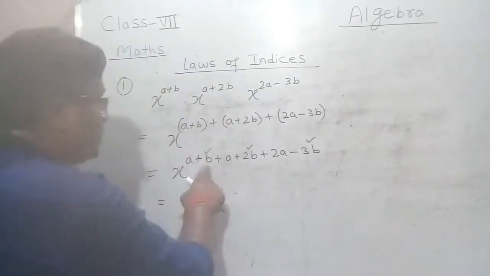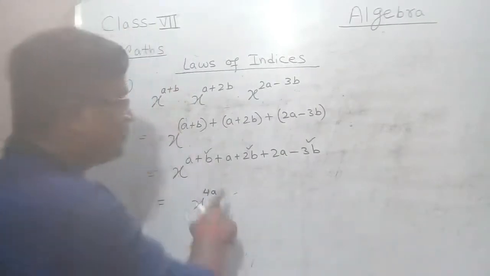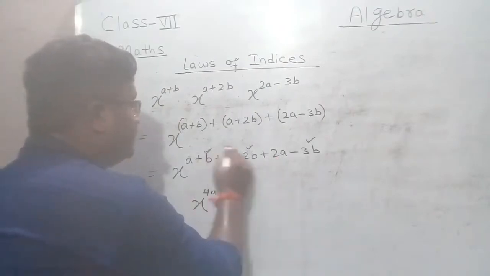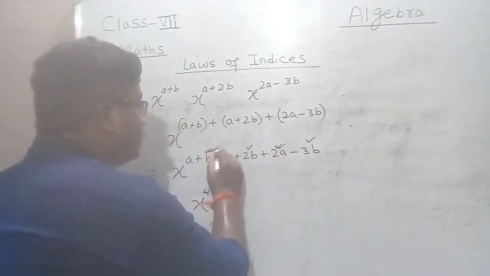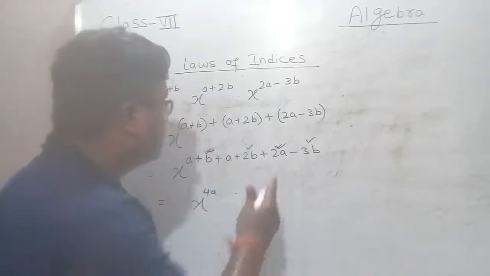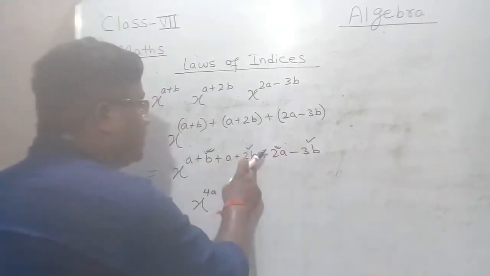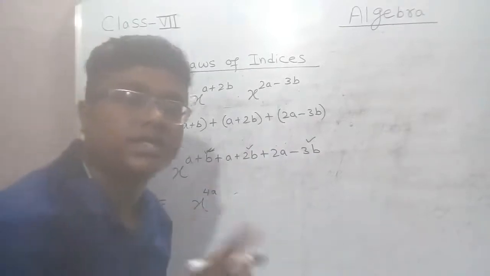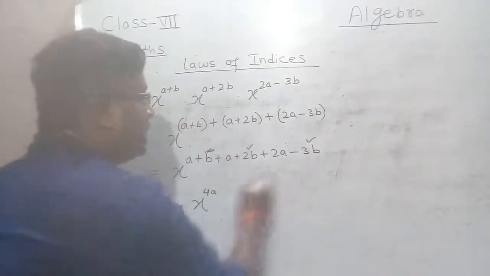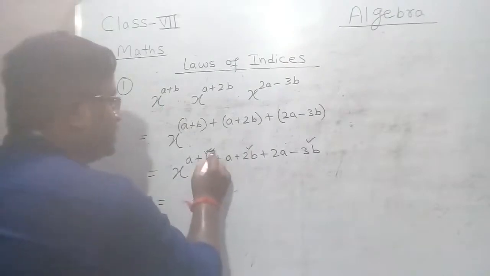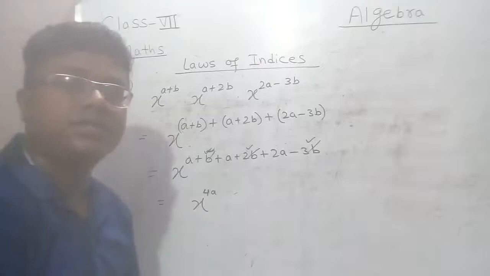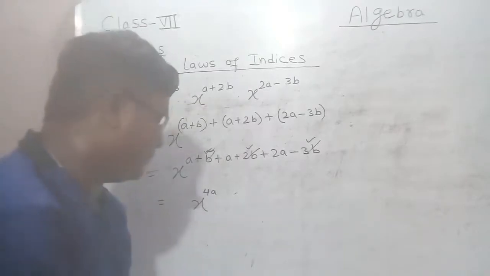Once again, listen very carefully: b plus 2b is 3b, and minus 3b is written, so they cancel each other. So what is your answer? x to the power 4a.